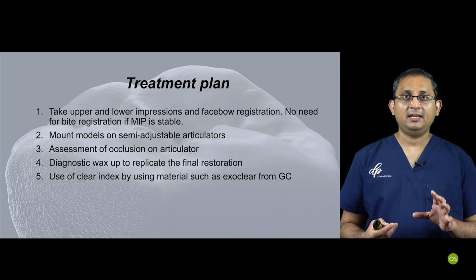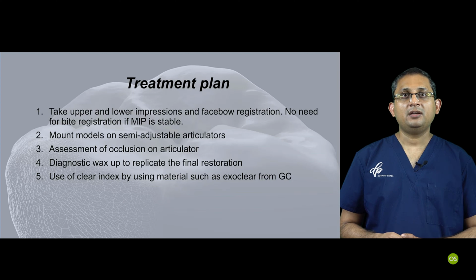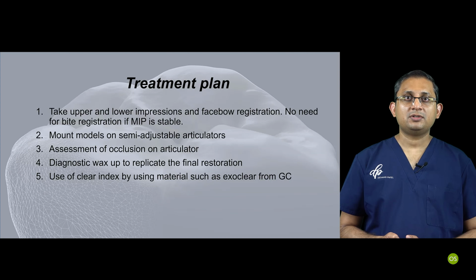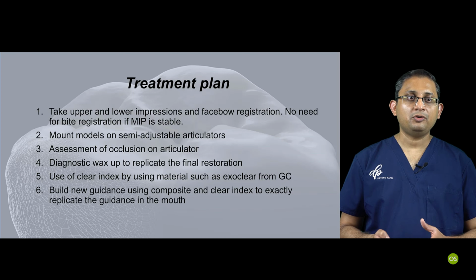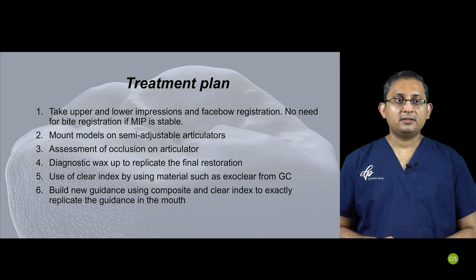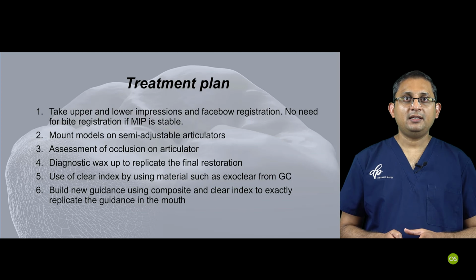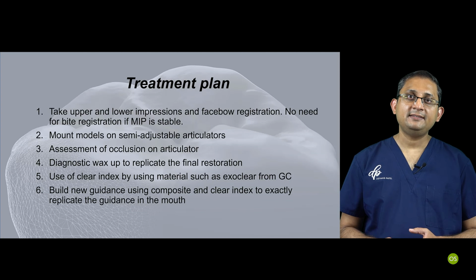That helps in predictably building the guidance without having to adjust it too much, because you already replicated it in the mouth. And this is really helpful and very easy to do in general dental practice.